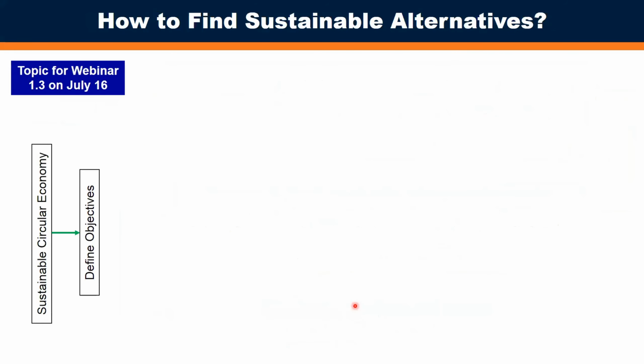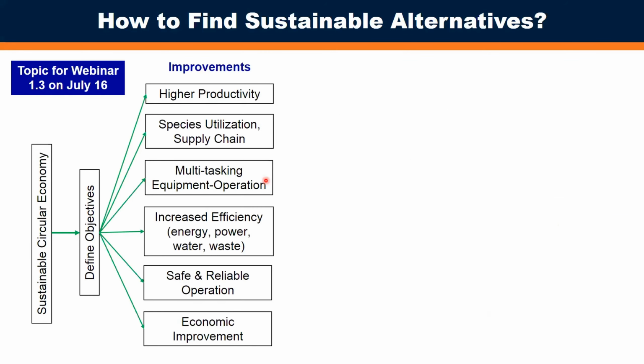And so at the end here, I want to just go over a couple of small things to wrap things up. So how do we find these sustainable alternatives? Again, that's what Professor Piscopoulos will cover tomorrow. He's going to focus on process intensification, but also touch on circular economy, which will define some of the objectives for our designs, the different improvements that we can seek: higher productivity, better utilization of our raw materials, more resilient supply chain.